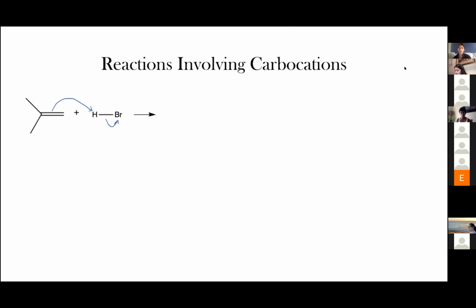Okay, so two possibilities can theoretically arise from the situation, because we don't know in theory which carbon, whether it's this one in the middle or this one on the outside, is going to be taking the hydrogen. Okay, so the two possibilities are we have CH3.